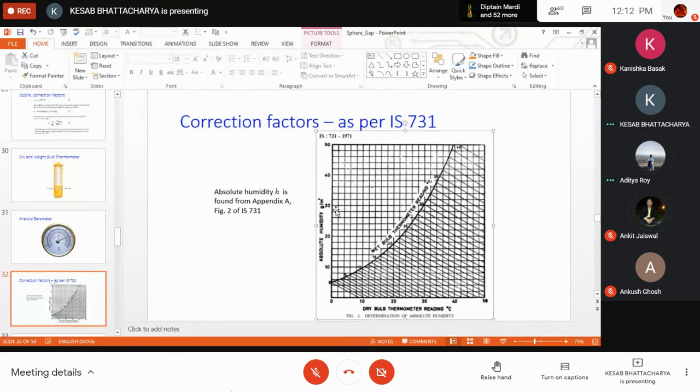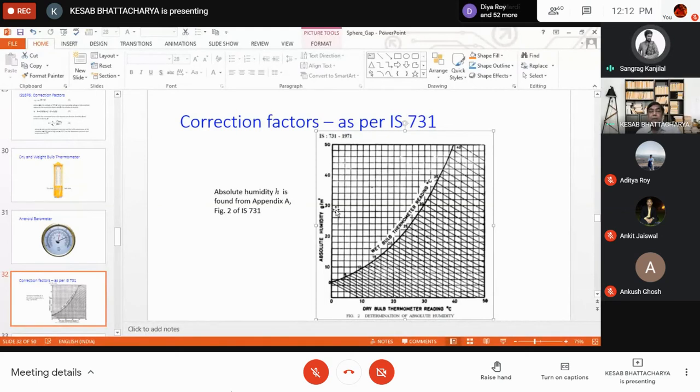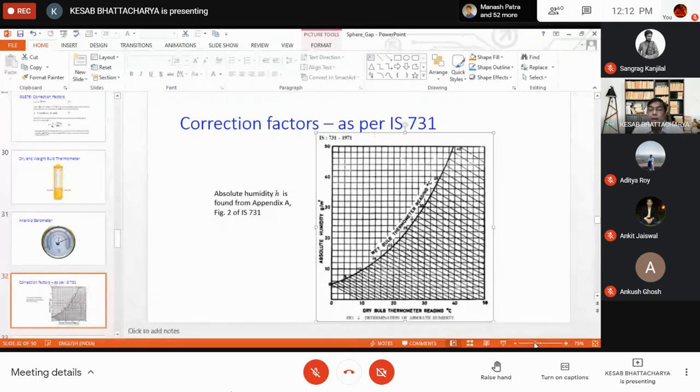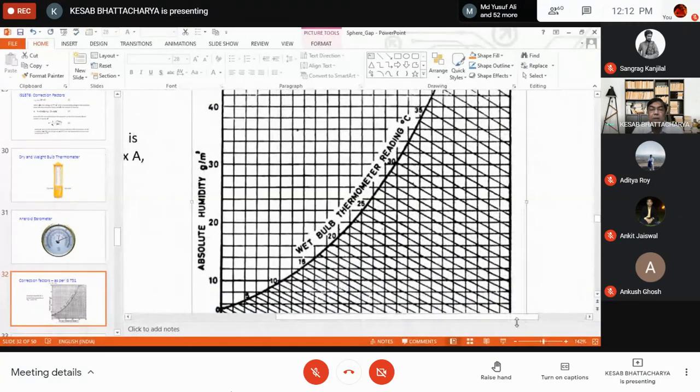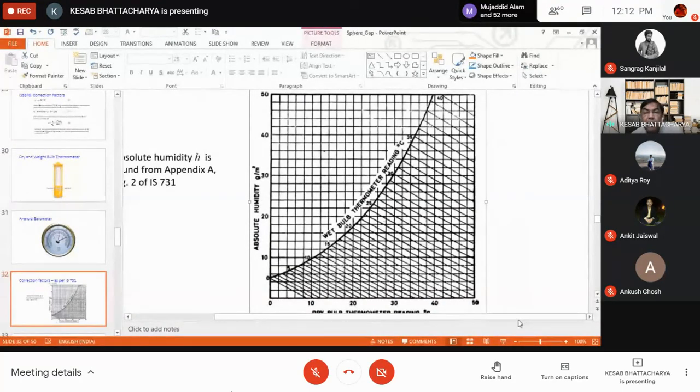Yes, sir. Sir, we will get only one reading from the dry bulb thermometer. We have to take two readings from dry bulb and wet bulb thermometer. No. You have to take reading of wet bulb thermometer as well as dry bulb thermometer. And from those two readings, suppose both wet and dry bulb thermometers are 20 degree.